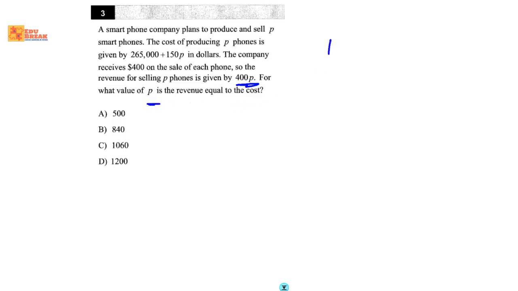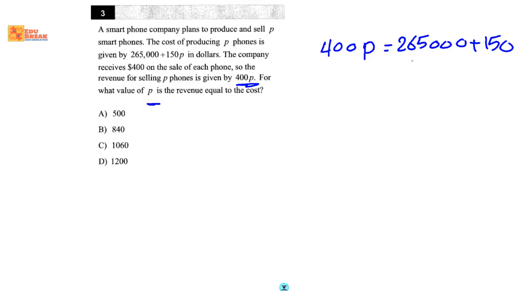Okay, it means we have 400P equals the cost equation, which equals 26,000 plus 150P.